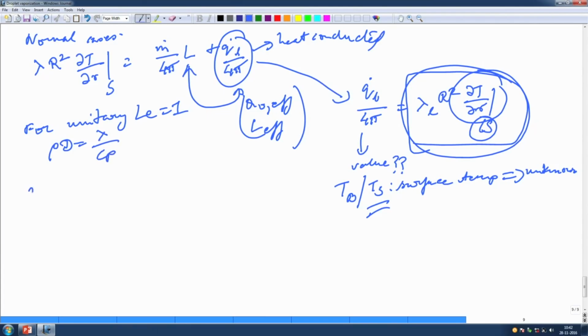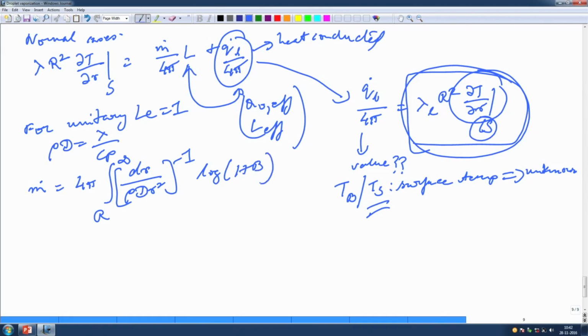Now, if you recall the expression for m dot, log of 1 plus B, that is what we wrote in the last lecture.